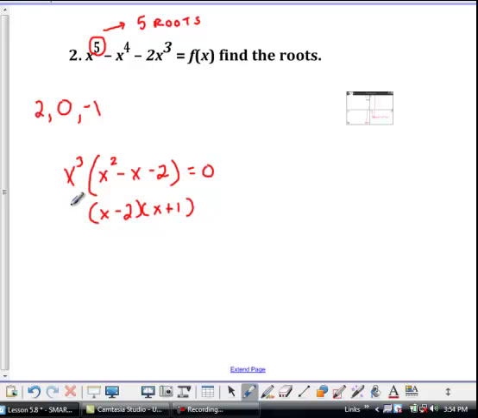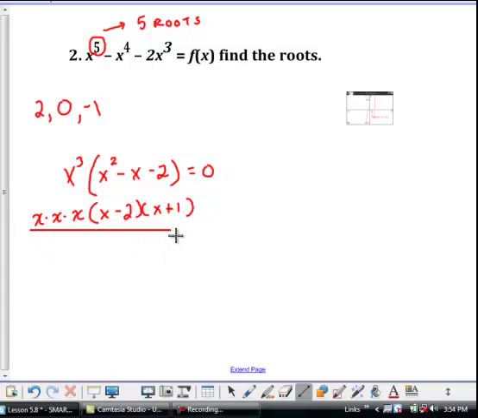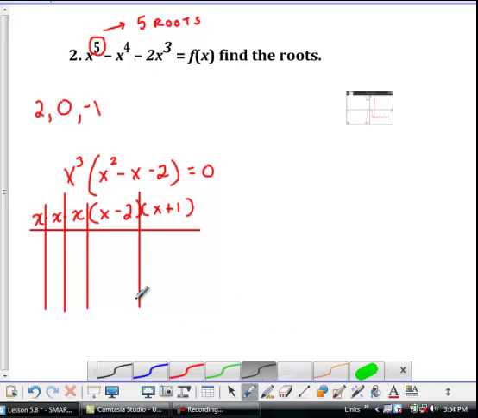And x cubed, I'm going to show you something new here. X cubed, if I factored it, is really x times x times x. So now do you see what I have? I have 5 roots: 1, 2, 3, 4, 5. Because I'm going to take each one of those, and I'm going to set them equal to 0.